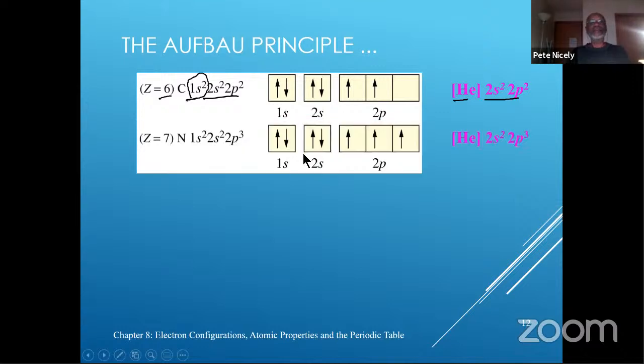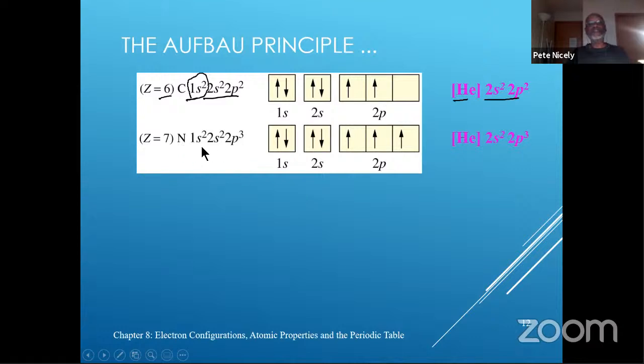Okay, and then if you look at the next element, it's the same idea. In fact, to get from carbon to nitrogen, we simply add 1 electron, and that electron will add to the 2p sublevel, and more specifically, it is going to be added to the vacant p orbital that was here. So you're going to have the 3 electrons spread out among the 2p sublevel in the separate orbitals.